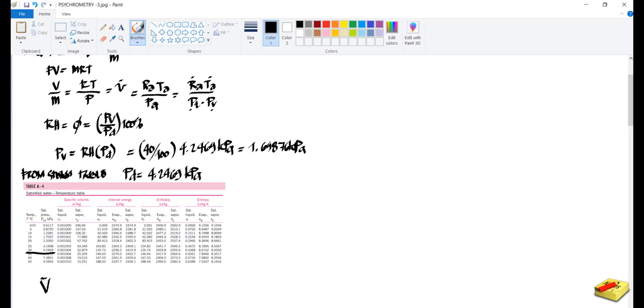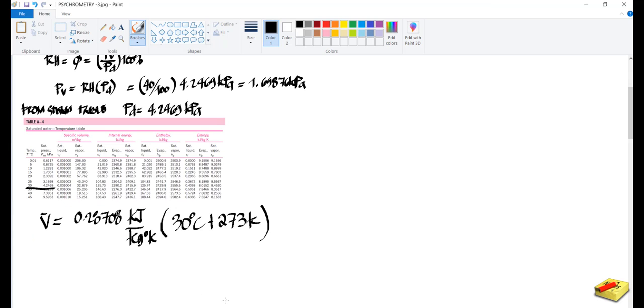Here our R of the air will be 0.287 kJ per kilogram Kelvin, multiplied by the temperature of the air, which is 30 degrees Celsius plus 273 to make it Kelvin.